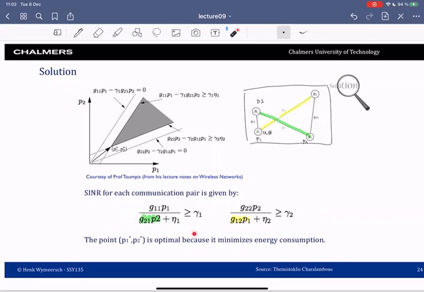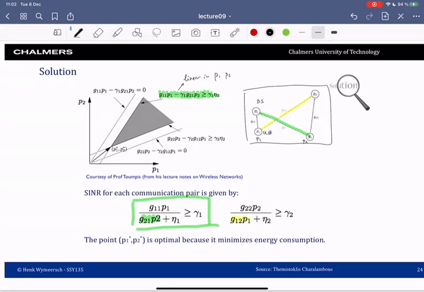Now, this first expression here, we can rewrite it. Let me highlight the expression now. This expression here, we can express equivalently as this. And this is an expression that's linear in P1 and P2.